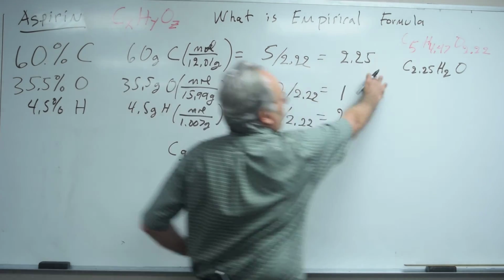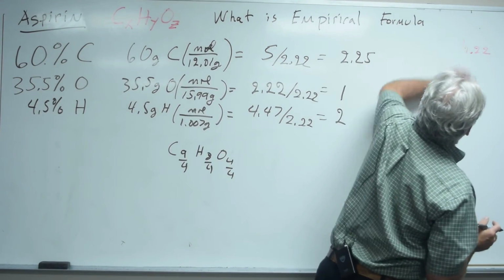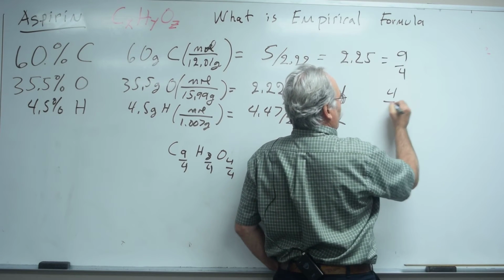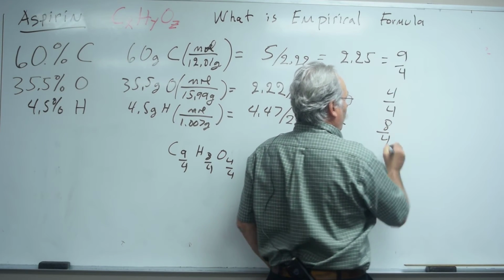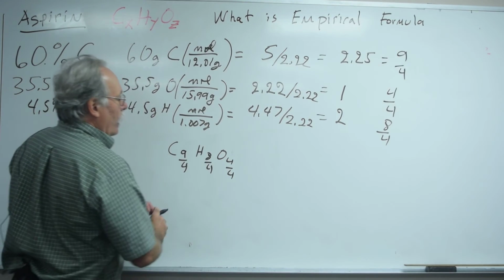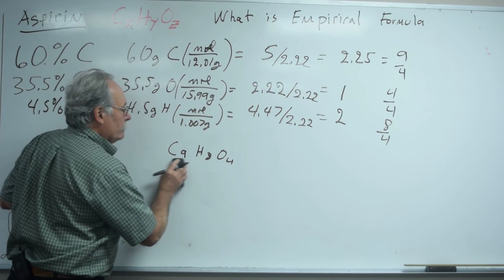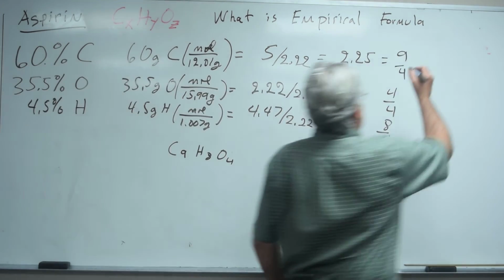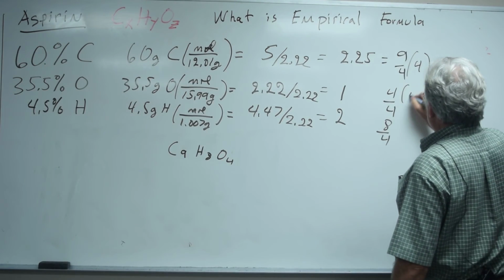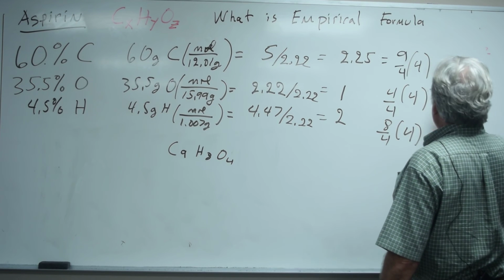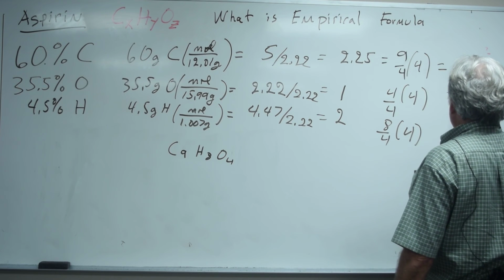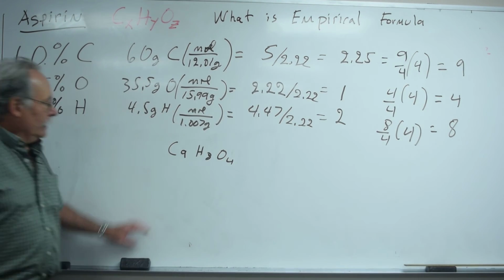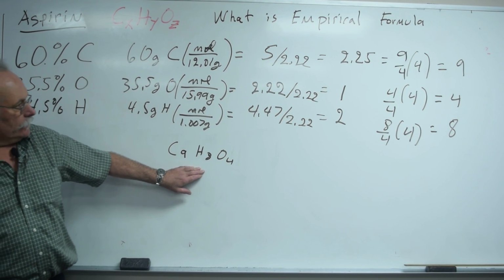So this ratio is the same as 9/4, 8/4, 4/4. Now I multiply each of these by the common denominator, 4, and I get 9, 8, 4. So my empirical formula is C9H8O4.